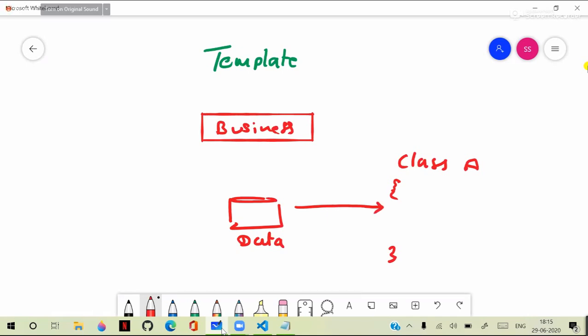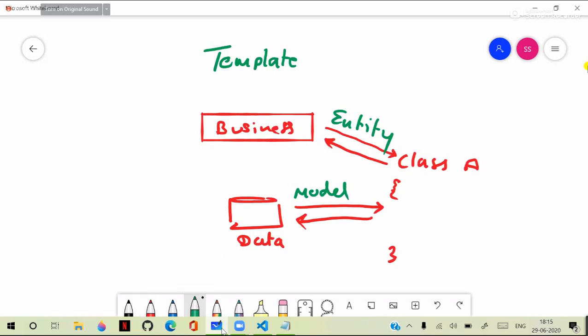Then in this situation it is called a model. If it is representing the business instead of the data, then it is called an entity.